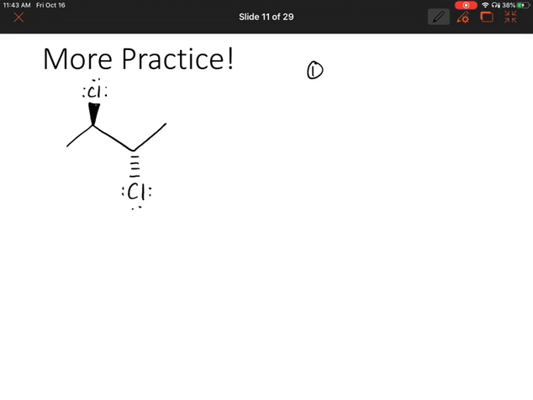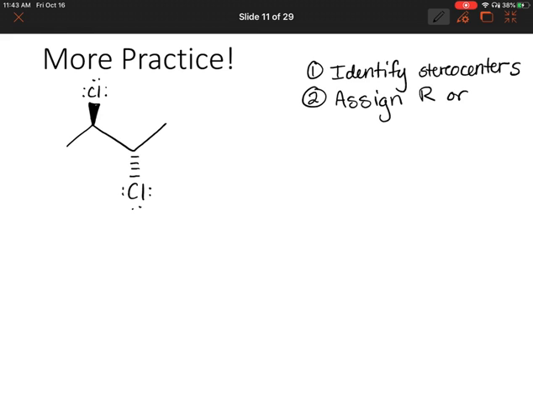I would like you to identify any stereocenters. And remember, a stereocenter is an atom that's bonded to 4 different substituents. Then I want you to assign R or S to those stereocenters.